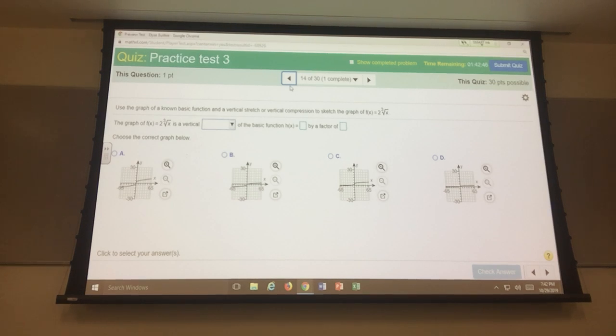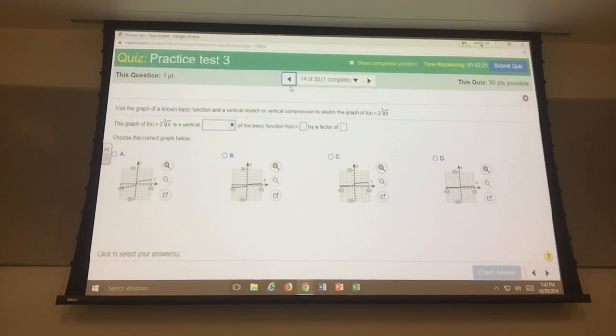So just remember that it's always along the y-axis, as opposed to the x-axis. It's going up and down, because left and right is outside of the x area, right? So if it's bigger than 1, you're stretching. If it's less than 1, you're compressing. Okay, so it's always an up or down thing.